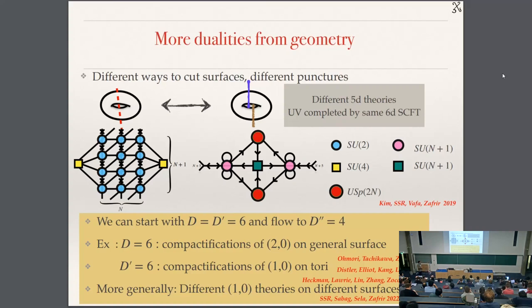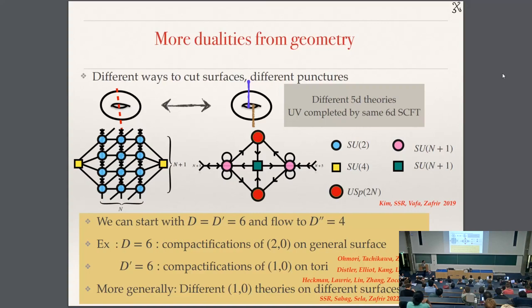And here is an example of why it is important to understand all the possible ways to cut surfaces. So we discussed different pairs of Pants decompositions, which give you a duality. And here is a simpler example when you have a torus compactification of some theory, and you can cut this torus into 2 tubes and glue them together in different ways. And these different ways correspond to different 5D descriptions that you will obtain while cutting.